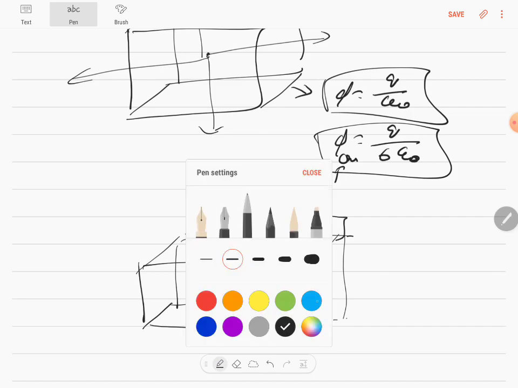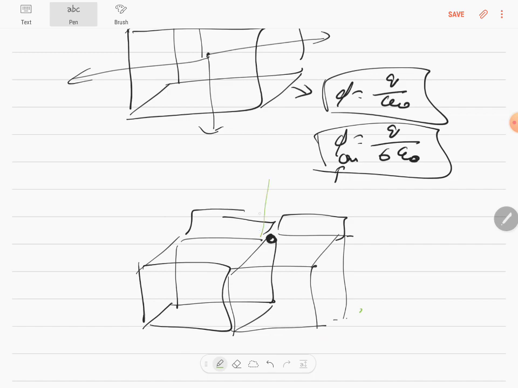So you have to build like this. I don't know how to draw. So you have 4 cubes in the front and 4 cubes in the back, so that the charge will be exactly at the geometric center.